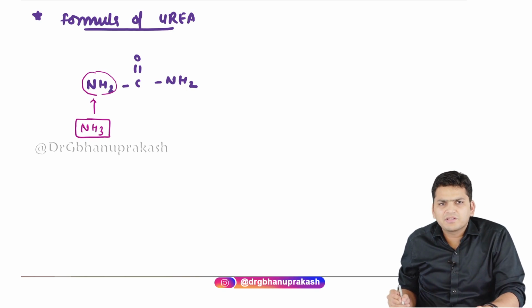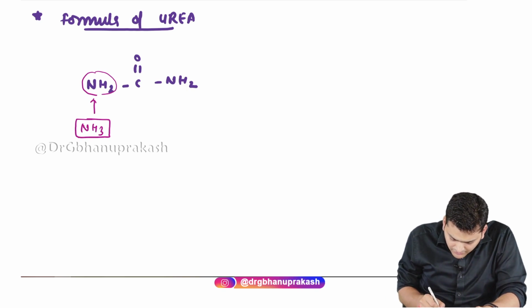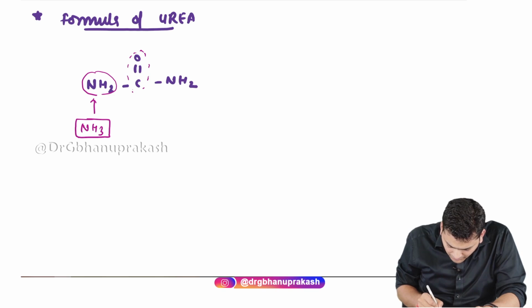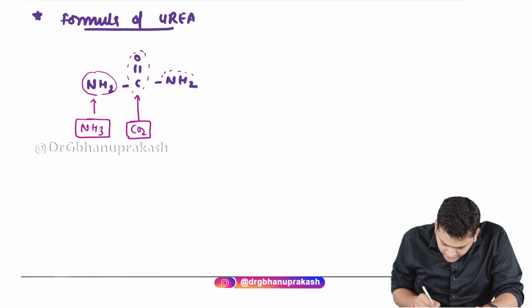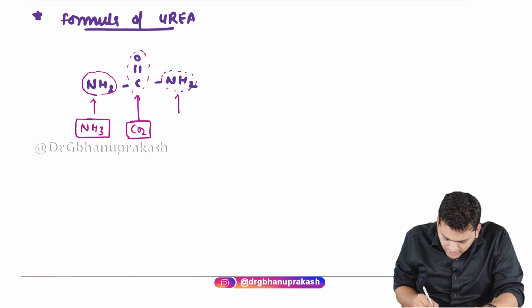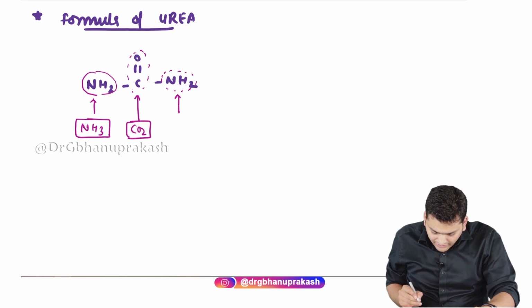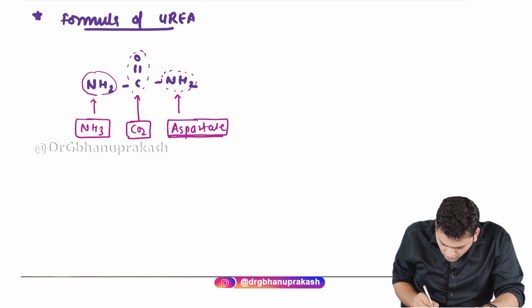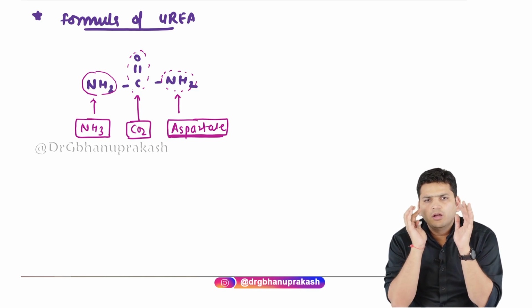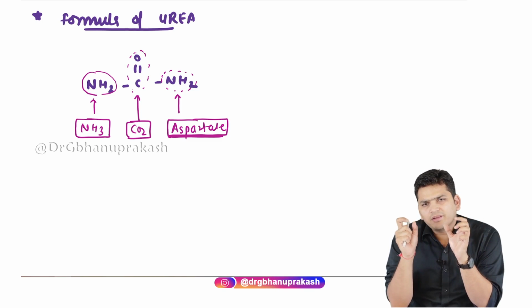In the first reaction, we started with one molecule of ammonia. This CO group is coming from carbon dioxide. We started with one molecule of ammonia and one molecule of carbon dioxide. Then where is the second nitrogen coming from? This second nitrogen is given by the molecule that joins in step number 3, and that is aspartate. So in urea, they ask where the nitrogens are coming from.